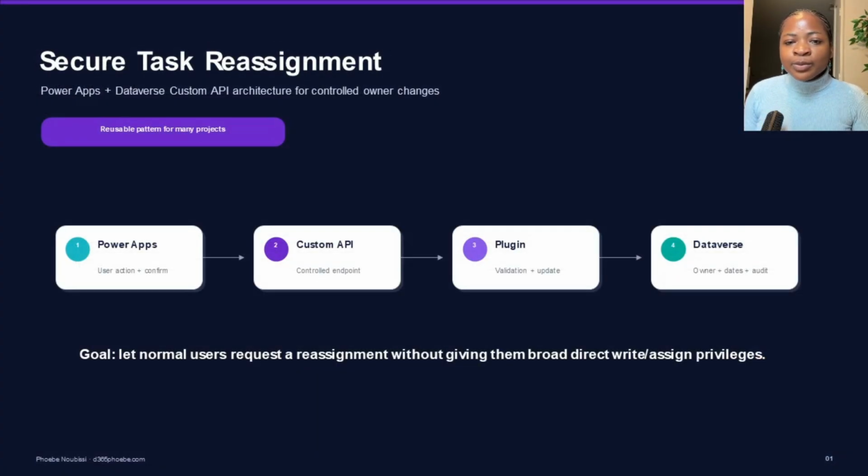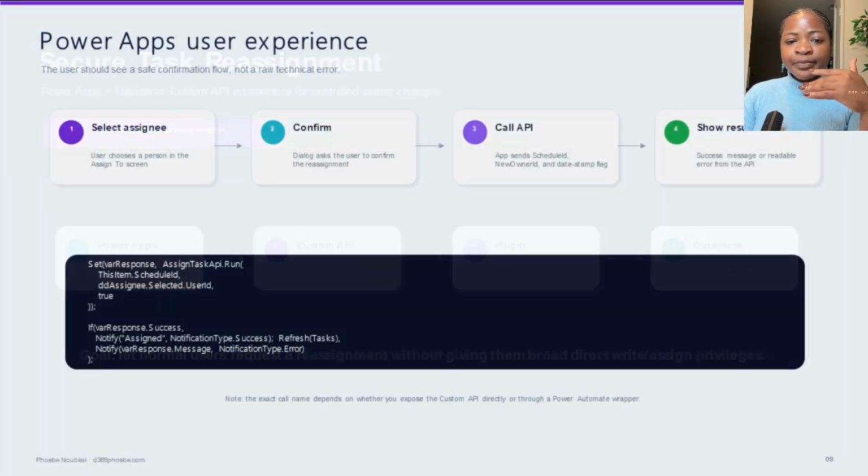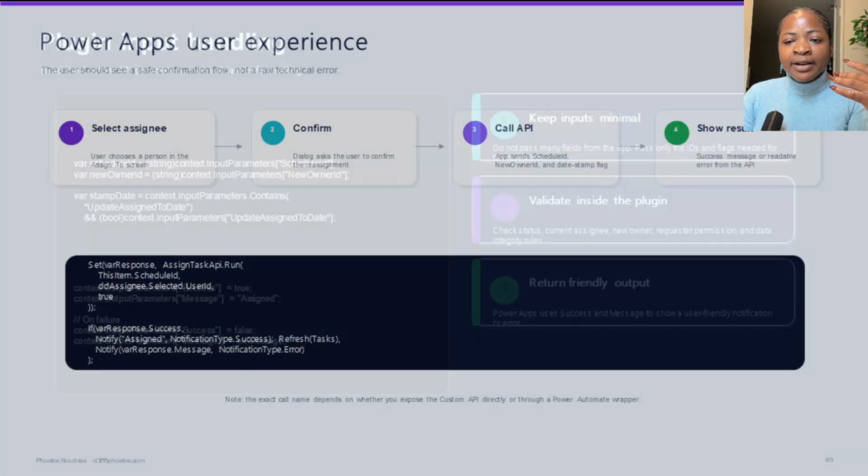So this is what we are doing. We are trying to do a secure tax reassignment, and this is the architecture right here that you are seeing, where we have Power Apps through the Code Apps, that is a web application that will call the custom API integrated to the Power Apps, and then the custom API is connected to the plugin, and the plugin interacts with Dataverse.